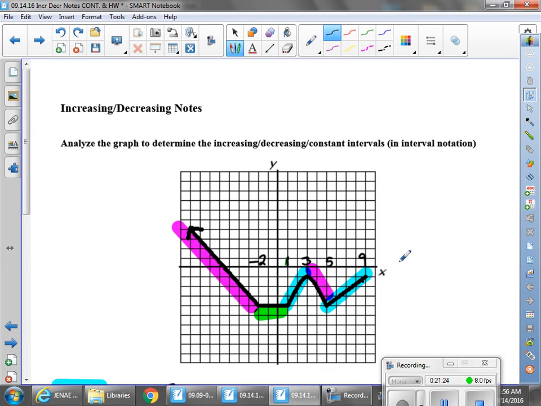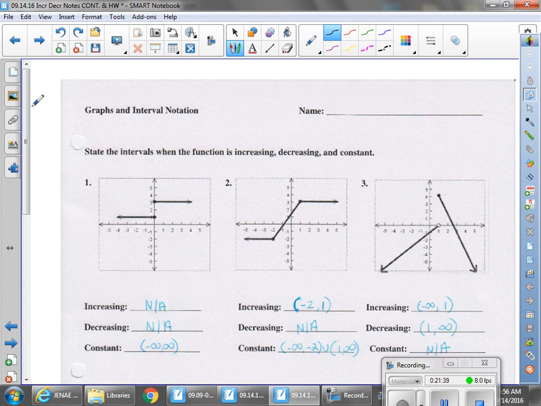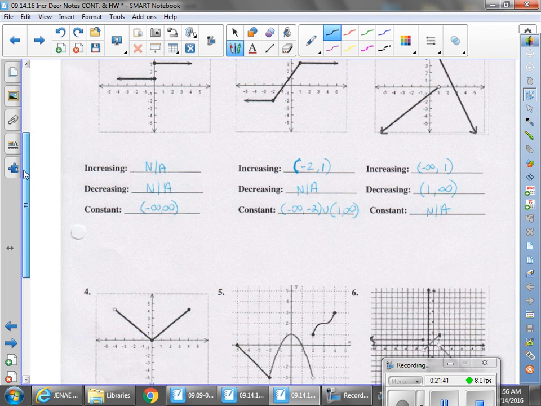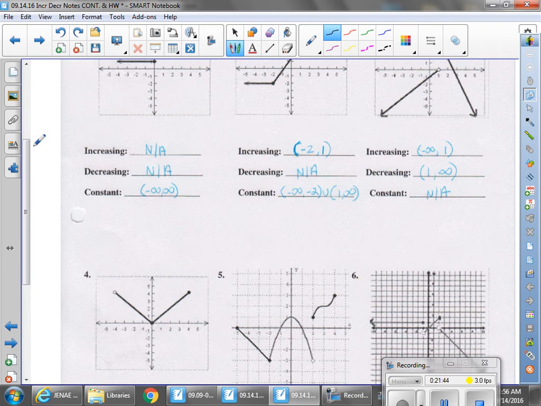Okay. So let's look at your homework now. We're gonna compare answers for the front. Right. So we could write in set notation, but we're just gonna focus on interval.